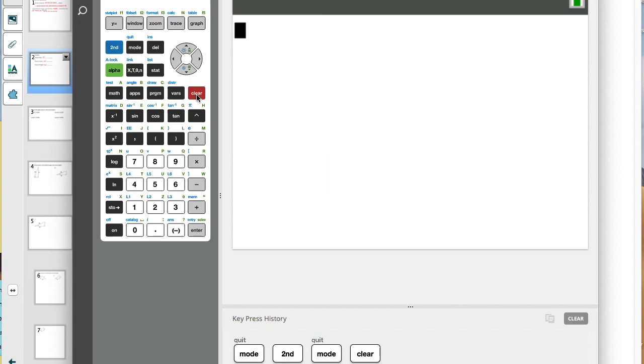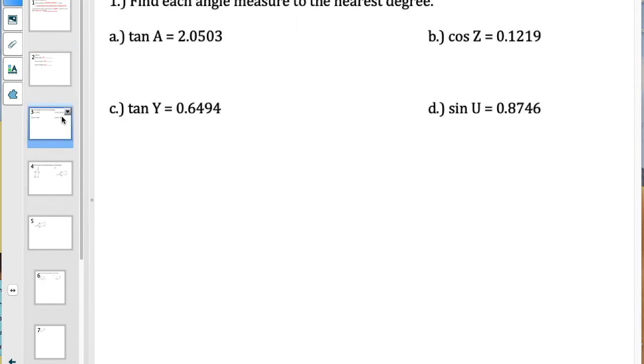On our notes here, we wanted to test some of these, just working with our calculator. It says to find each angle. Right now, it says that tangent of A is 2.0503. Now, I want you to think for a second with me.